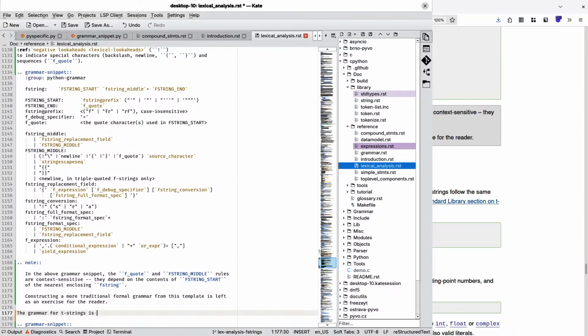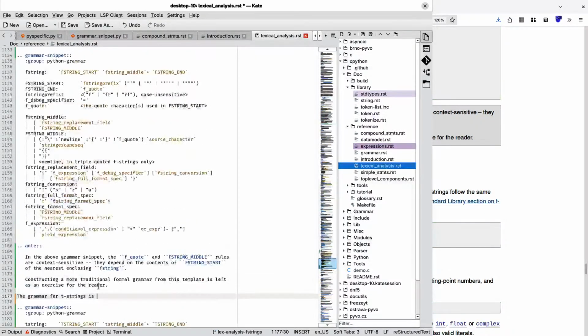I don't think that's it. What were you trying to say here? That they're the same. The grammar for t-strings is exactly the same thing, except with T's instead of the F's. Identical.